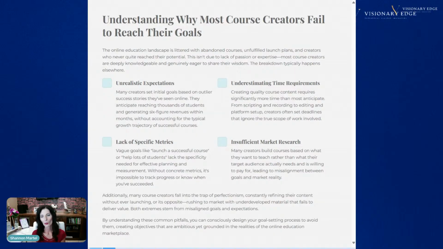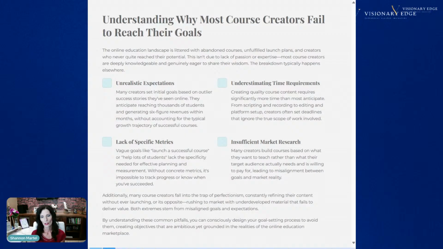So, understanding why most course creators fail to reach their goals. We've already mentioned a little of this, but the online landscape is really littered with tons of abandoned courses, unfulfilled launch plans, and creators who never quite meet their potential.